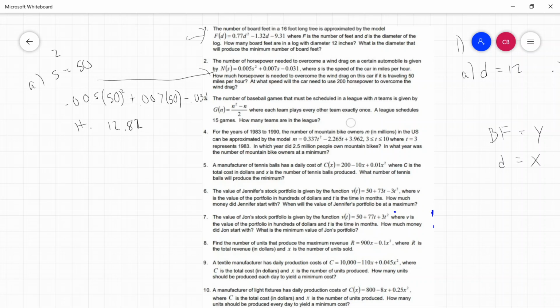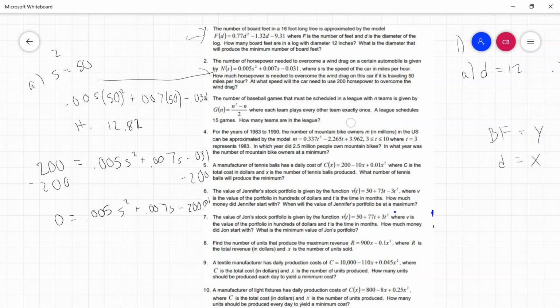Okay, and then it says at what speed will the car need to travel to use 200 horsepower to overcome the wind drag? So if we know S is 200, then we have this formula equal to 200. We subtract it. So this is 0 is equal to 0.005 s squared plus 0.007s minus 200.031.